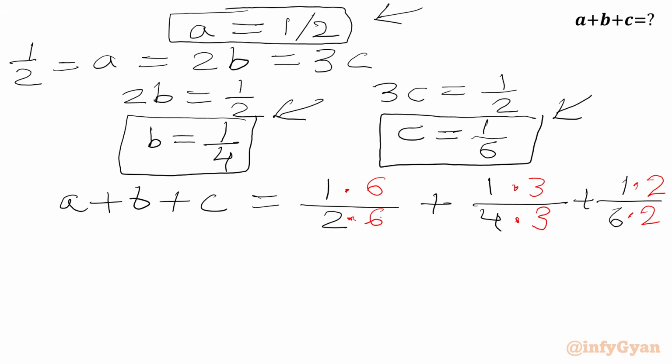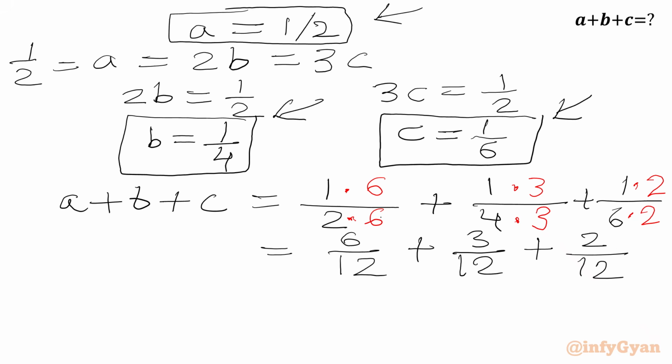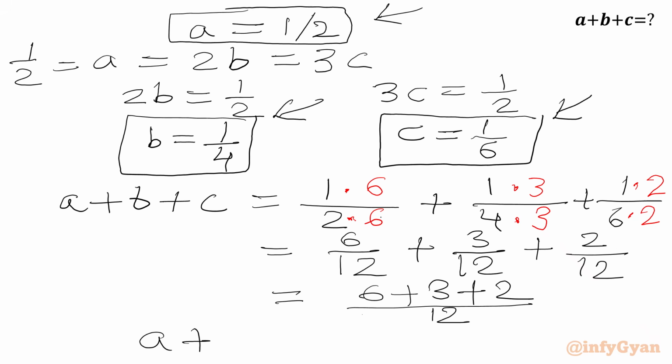And we can write 6 over 12 plus 3 over 12 plus 2 over 12, which will be equal to 6 plus 3 plus 2 in the numerator with common denominator 12. So our answer is ready here. a plus b plus c equal to 11 over 12.